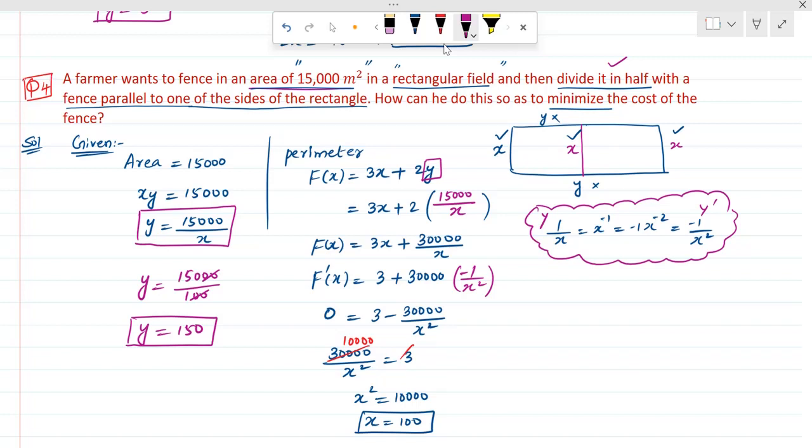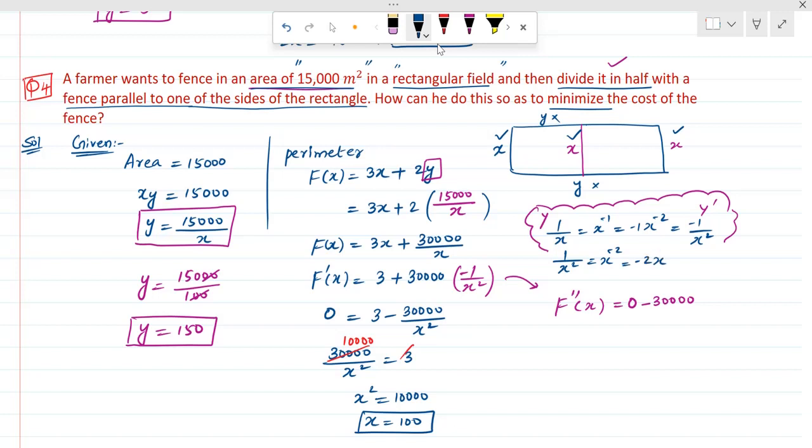So for showing minimum, I will take f double prime. How will you calculate f double prime? This is the f prime. So 3 becomes 0. Plus this is actually minus 30,000. So what is the derivative of 1 over x square? I take the same rule. x power minus 2.